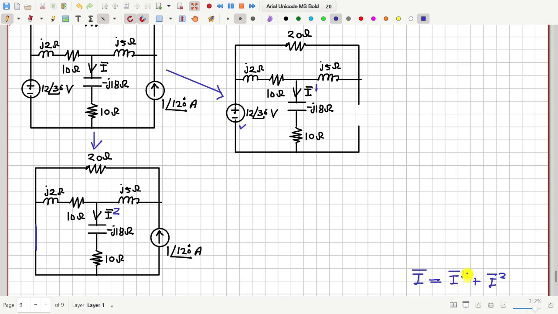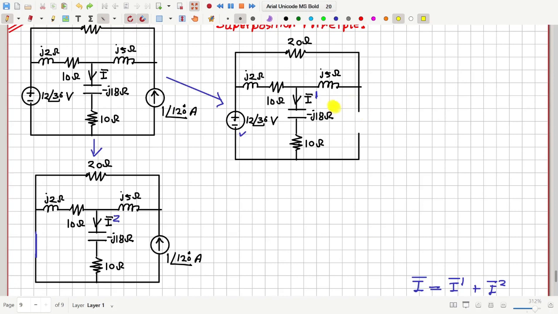But before that, we have to calculate the values of I1 and I2 from these two circuits. Now, in this circuit, I superscript 1 is the current that flows here, then here, then here, then through the source, and so on. So I1 is same as this source current.